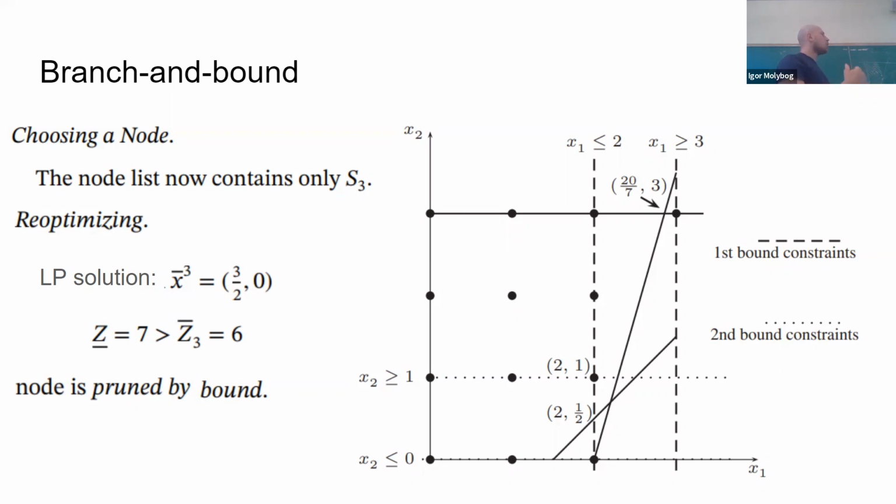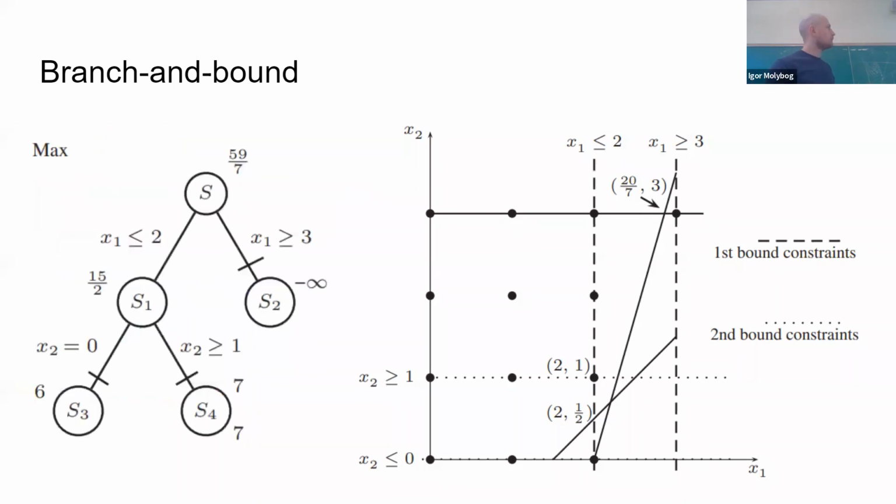And it's lower than the lower bound for the entire problem. Therefore, we can apply the rule of pruning by bound. There's no way that on S3 there is a point for which the value is better than 6, and we already know a feasible point for our original problem for which the value is 7. Therefore, there's no point with a greater value there. Anyway, we can prune it out.